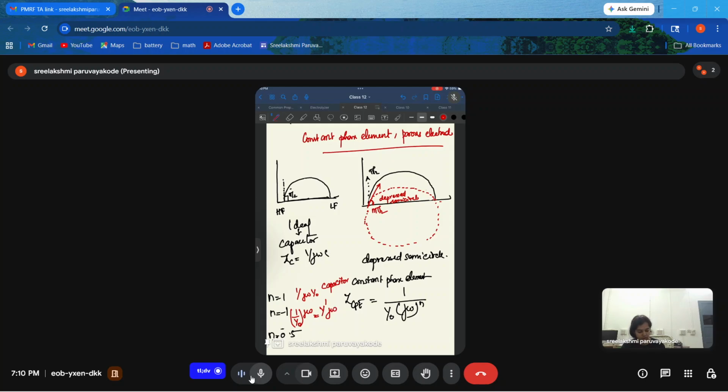So this is what? An inductor, right? Now when n is 0.5, between 1 and -1, you will get a complex number. So this is the range in which you can vary the n value.